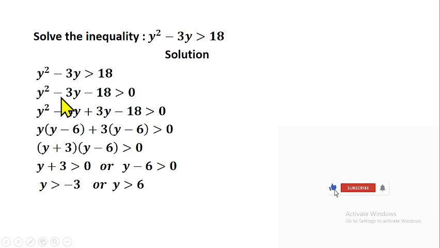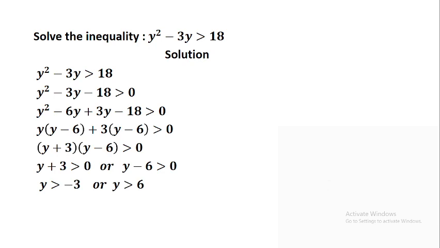So let's try to factorize it first. Look for two numbers you can multiply together to give us minus 18, and when you add them together, it gives us minus 3. I think that is minus 6 plus 3. Minus 6 times plus 3 will give us minus 18, and minus 6 plus 3 will give us minus 3 as well.